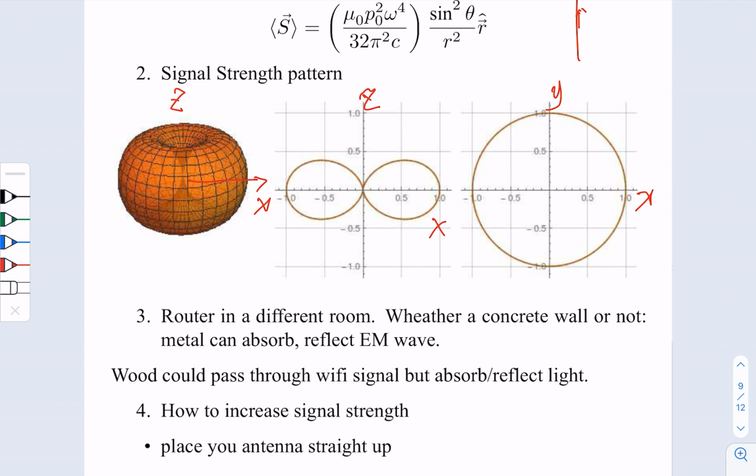But say that if you put the router here, it seems that a lot of the walls are made of concrete, instead of bricks or wood here. For concrete, there are metals inside, and just like what we discussed earlier, if you put any electromagnetic waves into a metal, it will be either absorbed or reflected back.